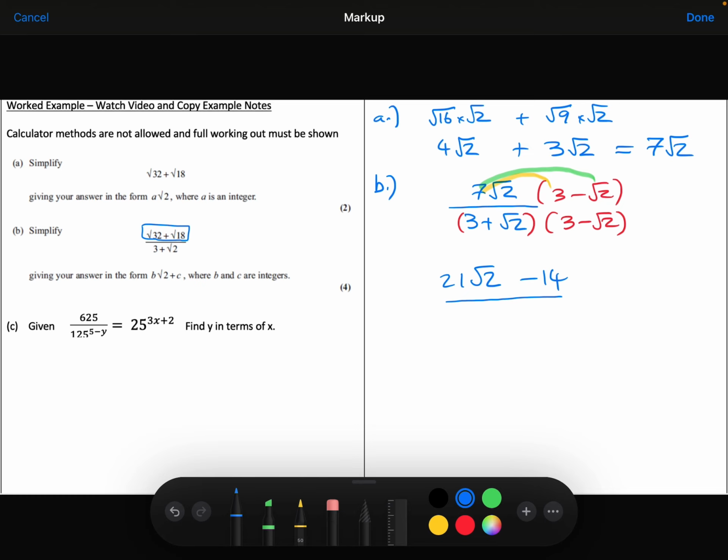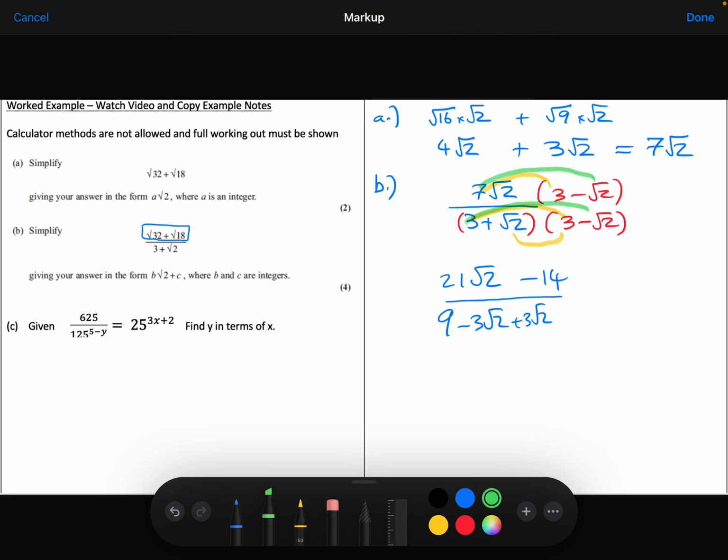On the denominator, we have a 3 times 3, which is 9. We have a 3 times minus root 2, which is minus 3 root 2. We then have a root 2 times 3, which is 3 root 2.